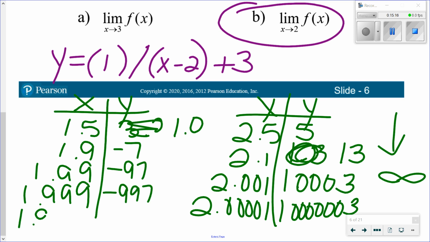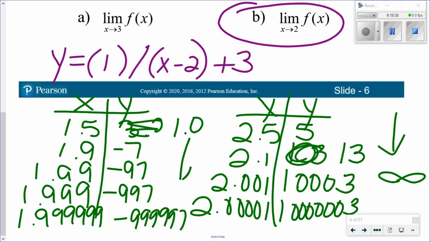Now let's suppose we did one more. We just put a whole bunch of nines in there. So 1.999999 gave me negative 999997. So this side is getting smaller and smaller, or bigger and bigger in the negative direction, however you want to say that. This one is going to negative infinity.